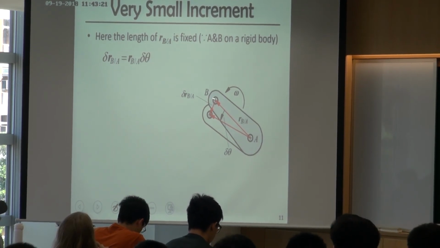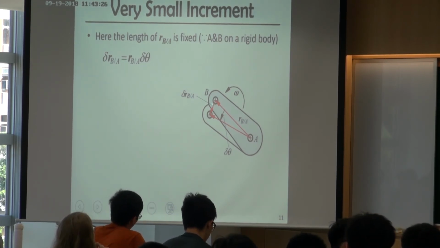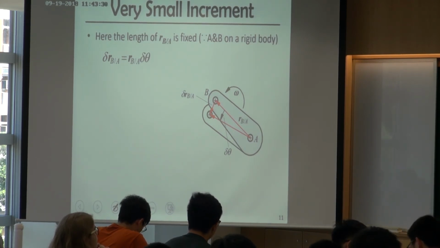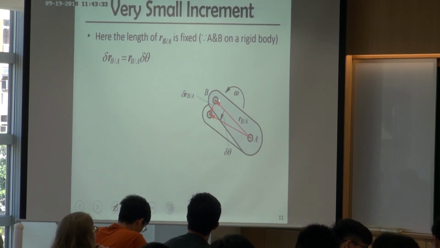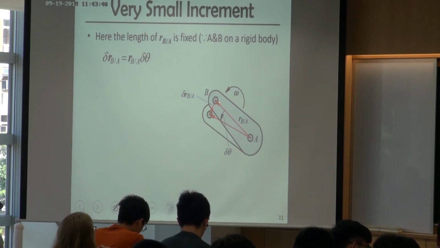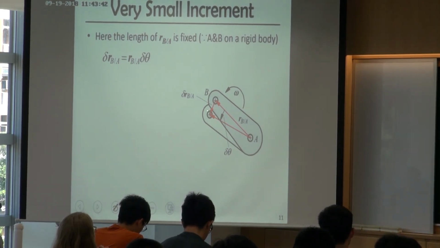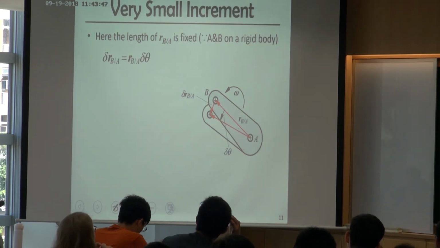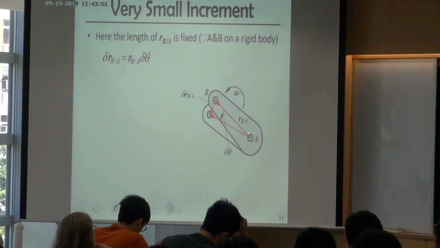So when we see this small increment, suppose it's rotating by a very small angle, delta theta. Then what's the change of position going to look like? If it's rotating by delta theta, we know the radius is RBA.